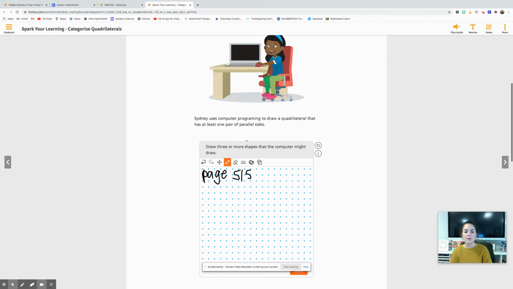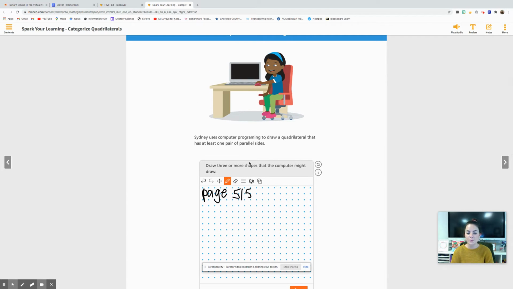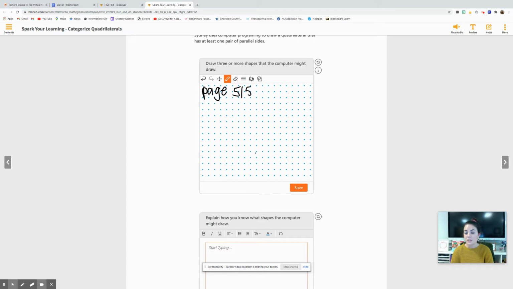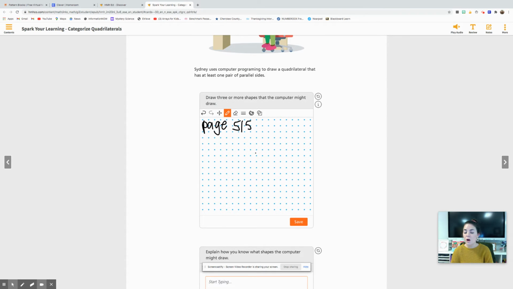So this first problem says, Sydney is using a computer programming game to draw a quadrilateral that has at least one pair of parallel sides. So what I would ask you to do, if I were sitting with you, would be to draw what you think is a quadrilateral with at least one pair of parallel sides.